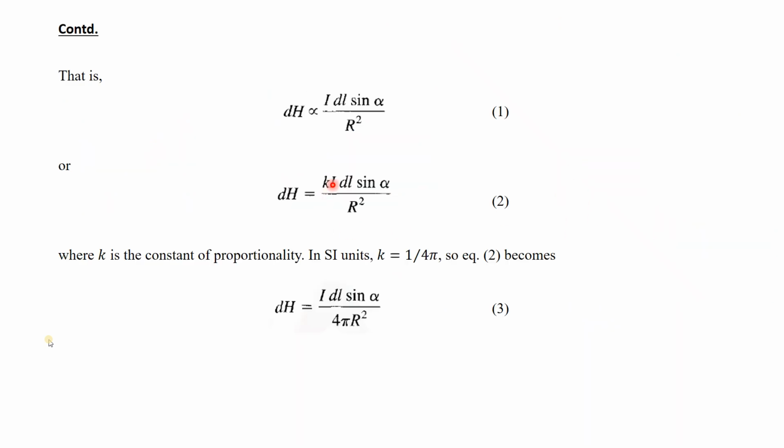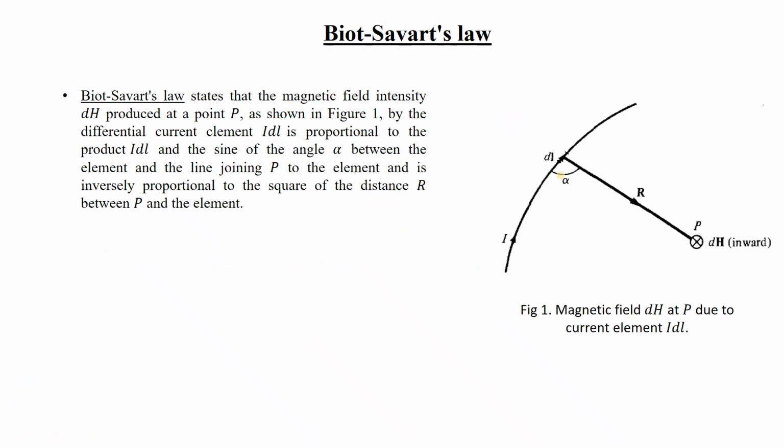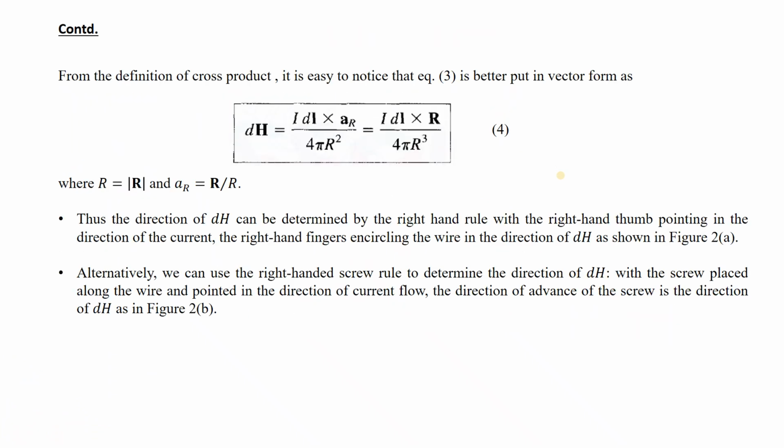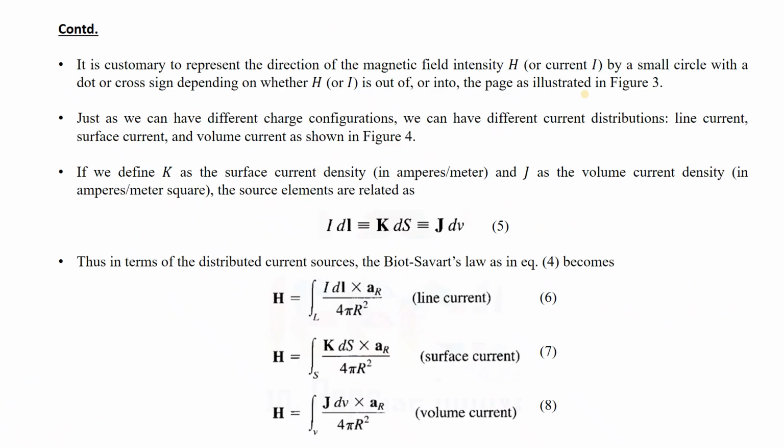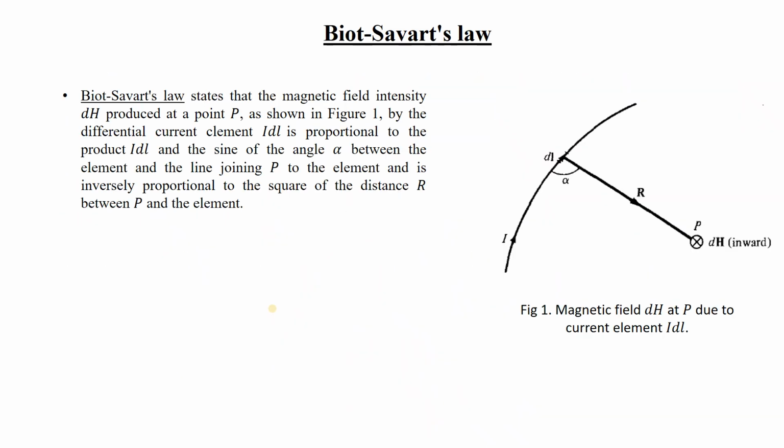Magnetic field intensity is equal to this equation. Now you can see it is proportional to IDL. Suppose this is dH, so H will be the total integration. That is H. So this is the value of H at that particular point.